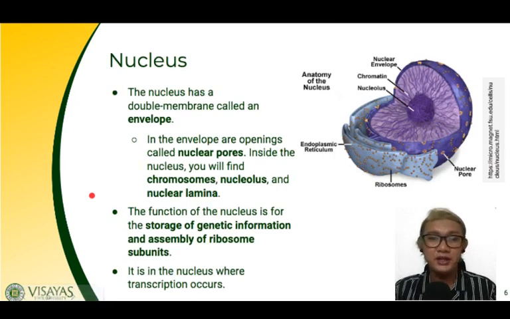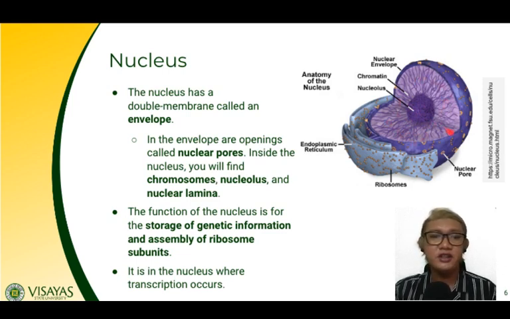One major organelle in eukaryotic cells is the nucleus. The nucleus has a double membrane called the envelope. In the envelope, you will find openings called the nuclear pores. Inside the nucleus, you will find chromosomes, the nucleolus, and the nuclear lamina.